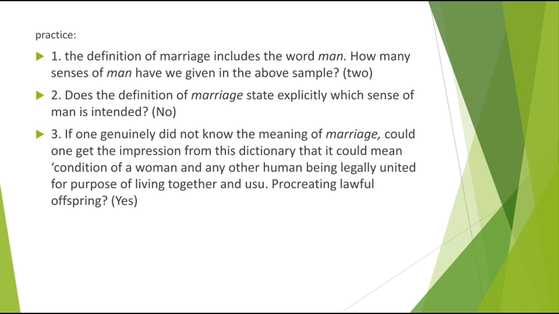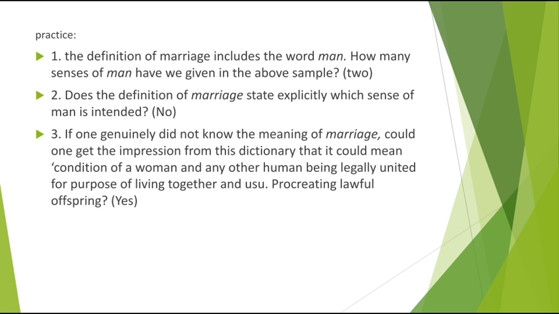Here, look at the practice from the Concise Oxford Dictionary given above on page 195. Number one, the definition of marriage includes the word man. How many senses of man have we given in the above sample? Yes, there are two.